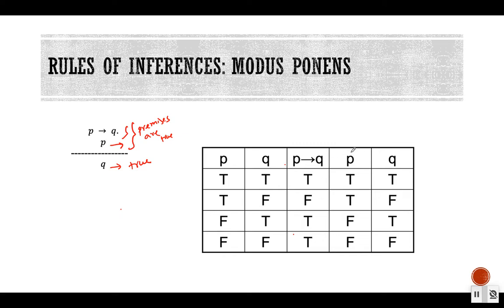These are our hypotheses, and if we assume both of these hypotheses are true, we have to find out whether our conclusion, Q, is true or not. You can see that this is the case where both of our hypotheses are true and our conclusion is also true.